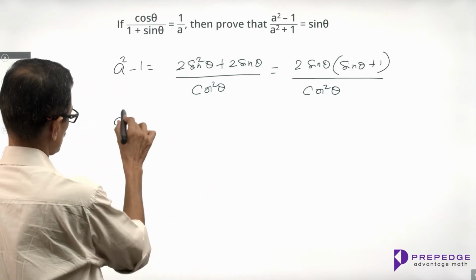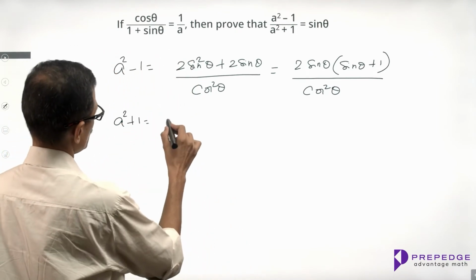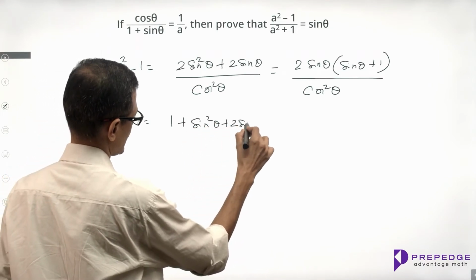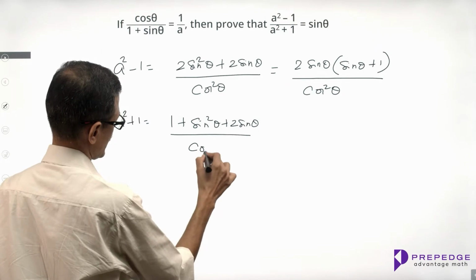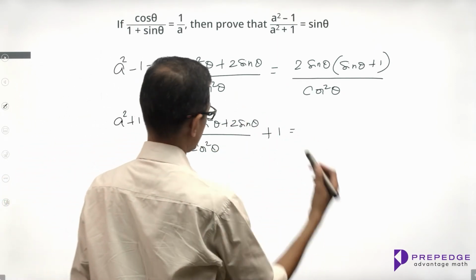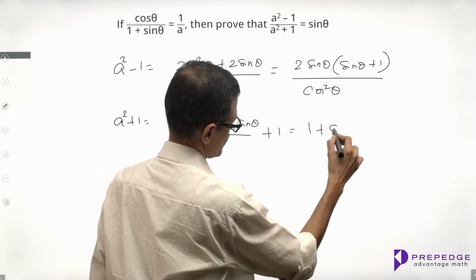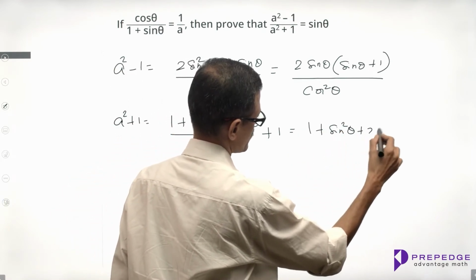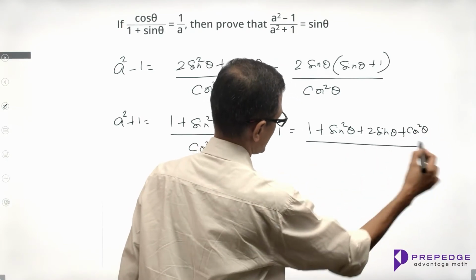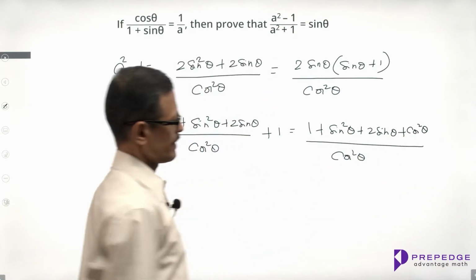a square plus 1 will be equal to 1 plus sin square theta plus 2 sin theta divided by cos square theta, which is a square. இதோட we are going to add a 1. So this is going to essentially become 1 plus sin square theta plus 2 sin theta plus cos square theta divided by cos square theta is what we have.